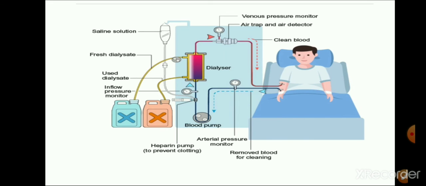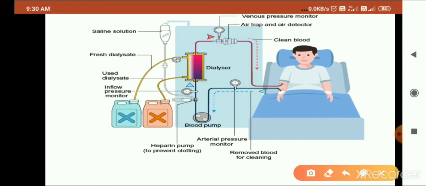Then we have an air trap and air detector. As the blood from the veins of the patient enters the dialyzer, it is purified by this fluid, which results in the purification of blood.